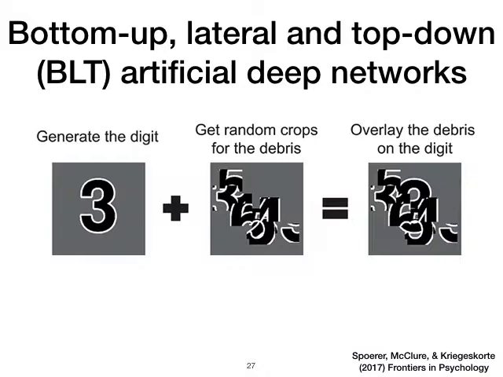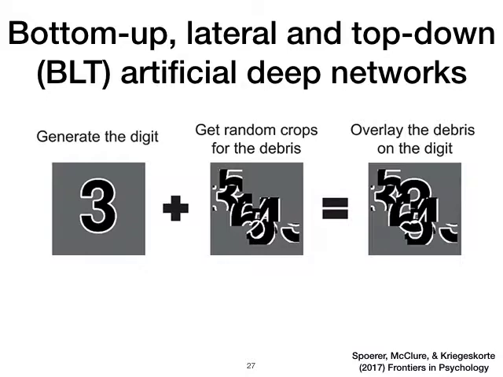So here we've got a kind of scramble of various different digits. So this is kind of debris, as they call it in the paper. And then they add that on top of the digit that they're trying to identify. Right? This looks a lot like a CAPTCHA, the sort of thing to identify yourself as a human online. Right? And so basically a human can identify this pretty well, but artificial networks generally do very badly at this type of task.